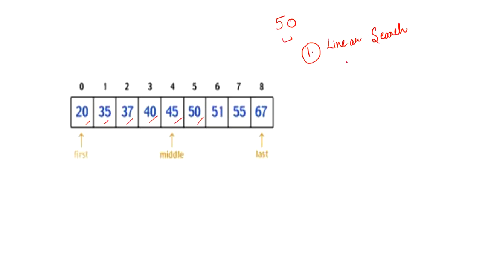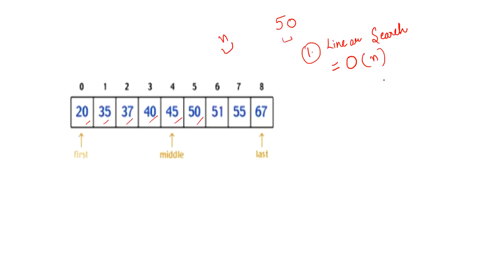Now, what is the time complexity for linear search? It depends on the number of elements that we have in our array. For example, suppose this 50 is present at the last. So what is going to be the time complexity? It totally depends on the number of elements. So if n elements are there in our array, it is going to be big O of n, right?